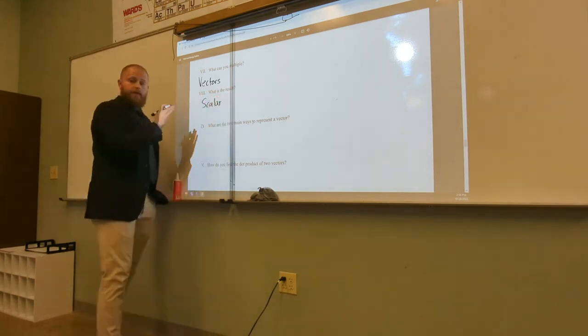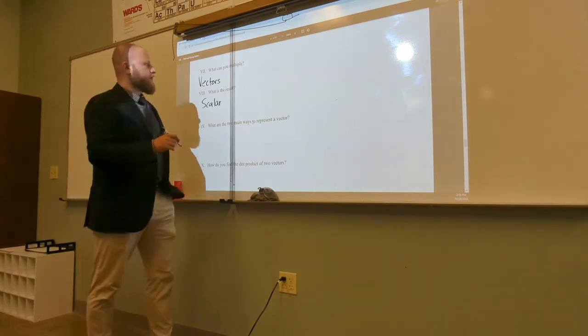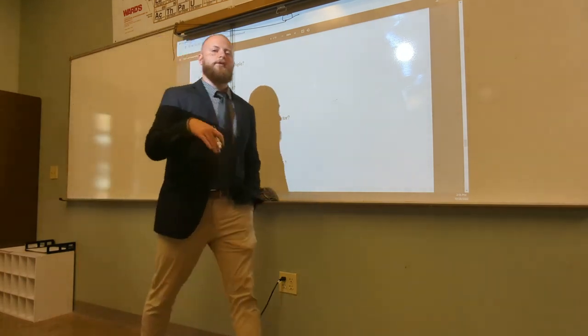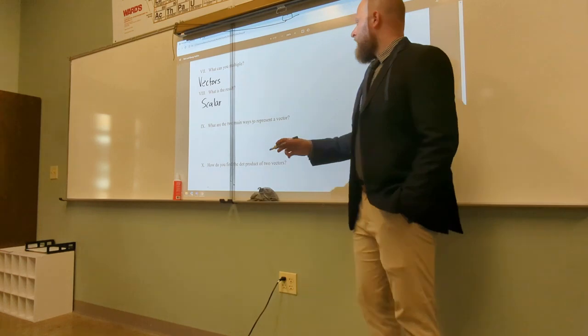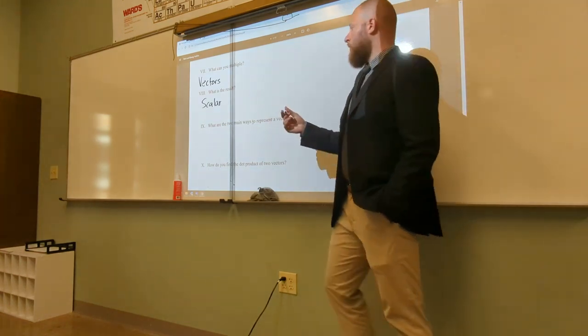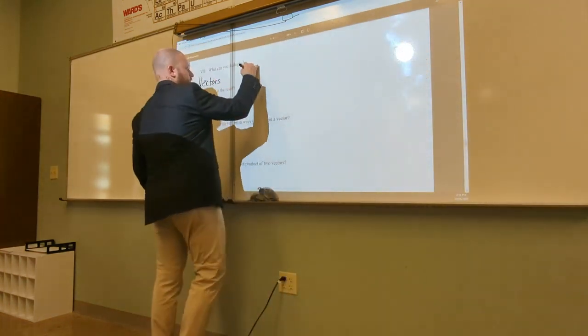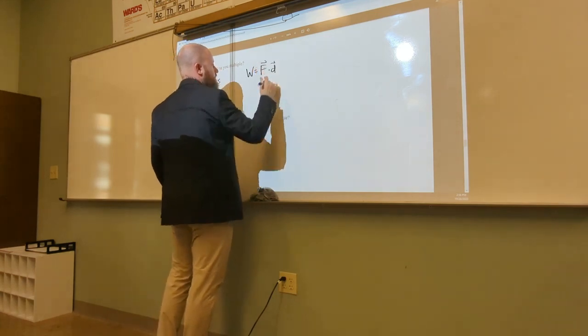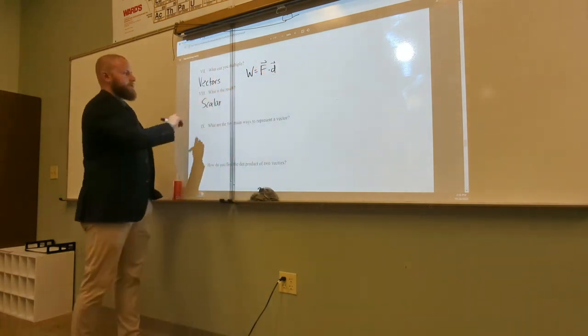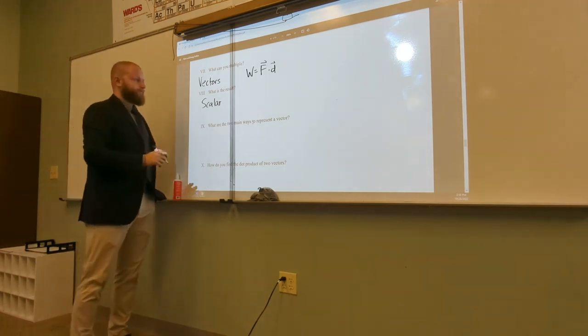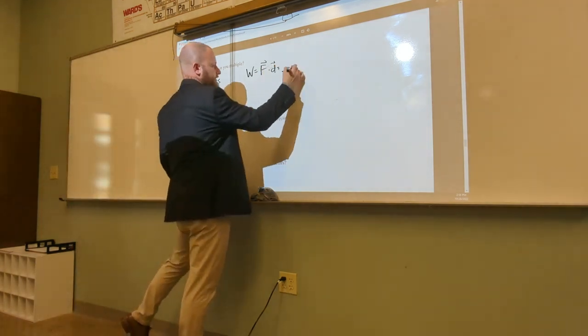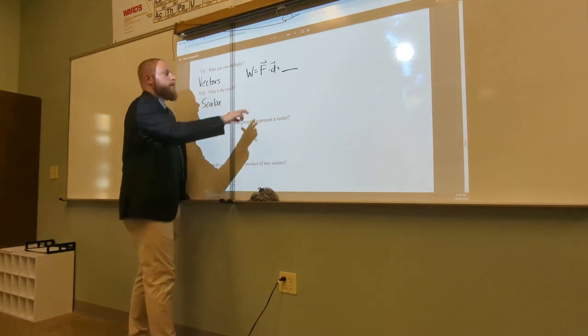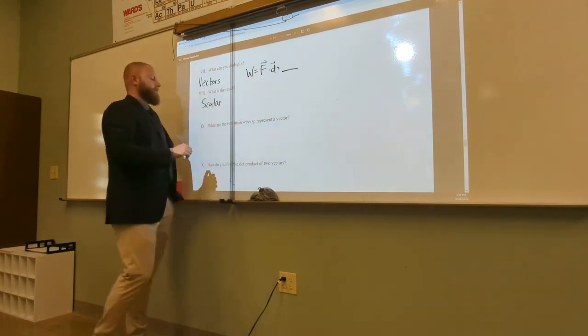This should make sense because we know that energy is a scalar, not a vector. So when we multiply two vectors, work, F dot D, we get a scalar, because work is just a number. It does not have a direction, whereas force and distance both have a direction.